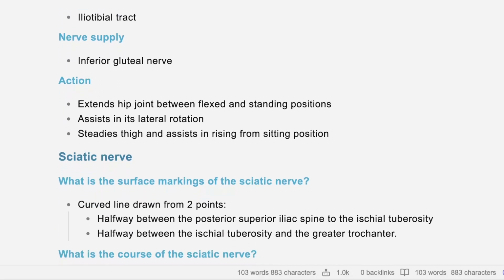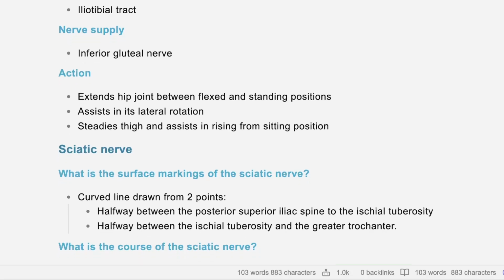What is the course of the sciatic nerve? It exits the pelvic cavity through the greater sciatic foramen, mostly inferior to the piriformis muscle, as a single nerve formed of the common peroneal nerve and tibial nerve, surrounded by a connective tissue sheath.